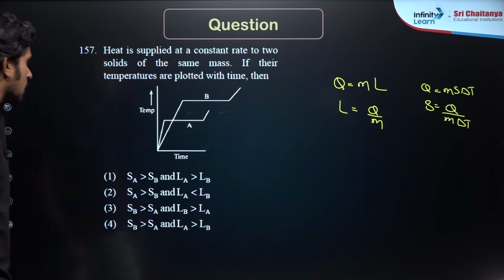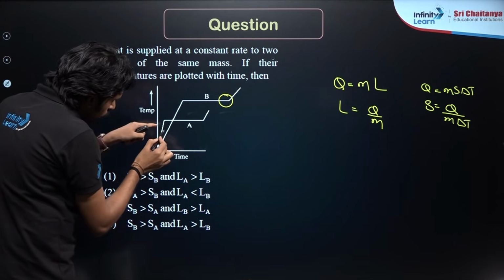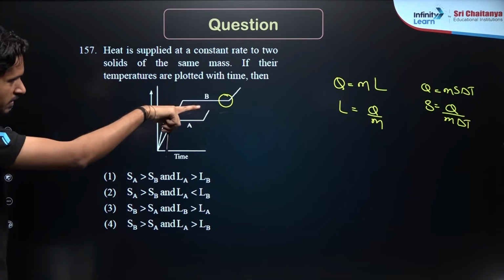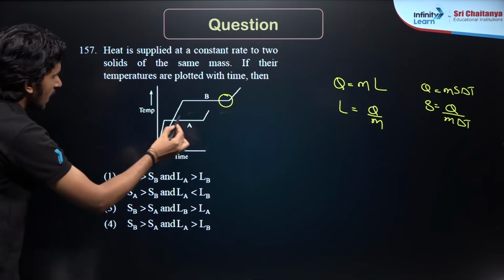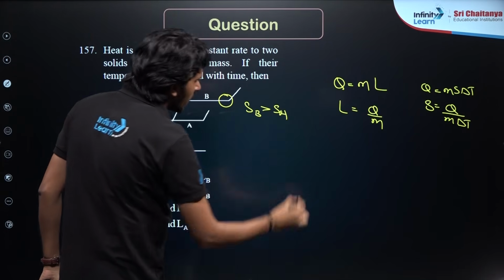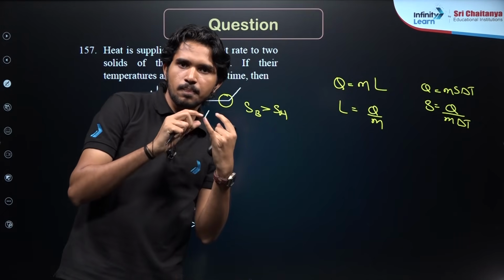Now see, if I'm talking about B, if you look at the curve, we need more energy in B. If we need more energy in B, that means SB will be greater than SA. And similarly, what is L?